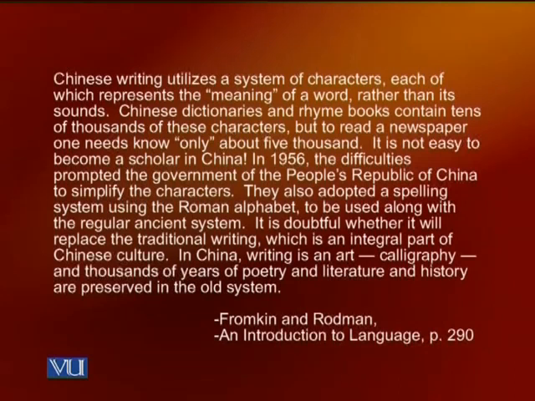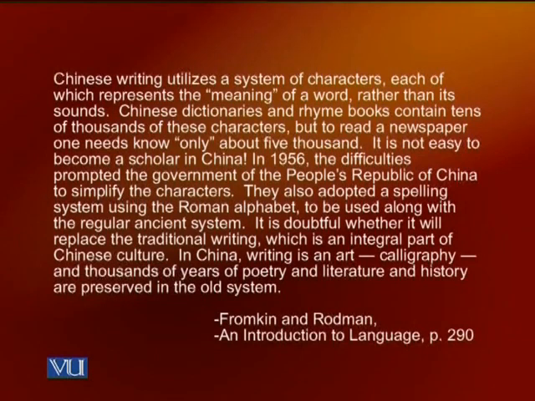Chinese writing utilizes a system of characters, each of which represents the meaning of a word rather than its sounds. Chinese dictionaries and rhyme books contain tens of thousands of these characters. But to read a newspaper, one needs to know only about 5,000. It is not easy to become a scholar in China.